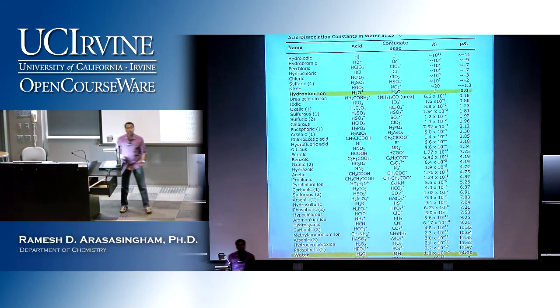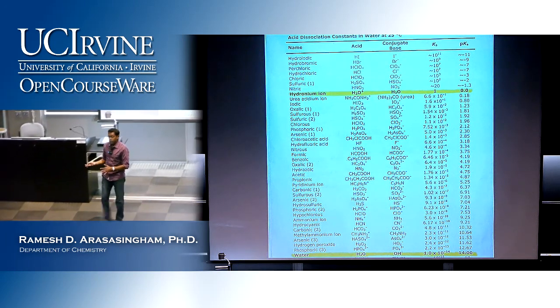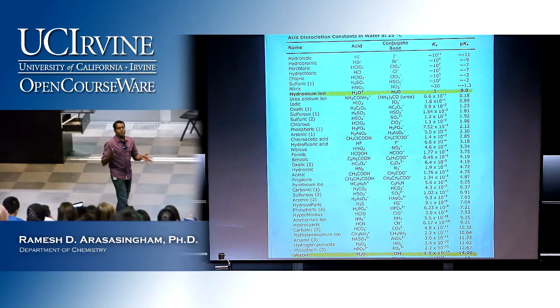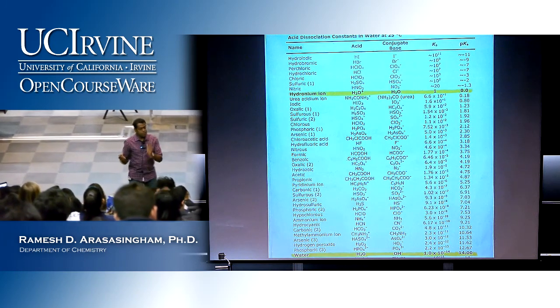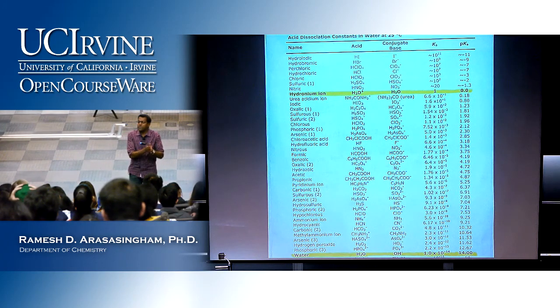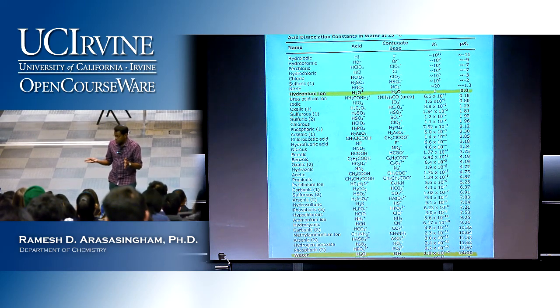All right? So the conjugate bases of weak acids will be weak. When I asked this question to the other class, I asked them, would the conjugate base of a weak acid be strong or weak? Everybody said, because the acid is weak, that means the base must be strong. Not really. Do you understand that?